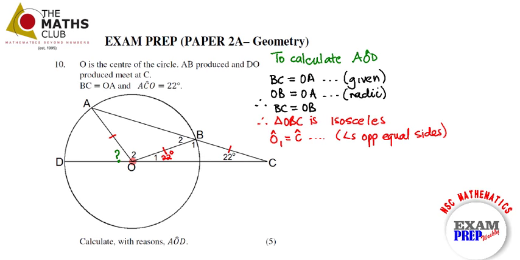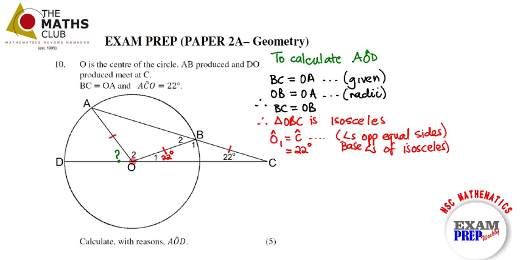You could also say base angles of isosceles, because we have said that OBC is an isosceles triangle. So we've got this. Now, what does it mean? It actually means that O1 is equal to 22 degrees. You can see these are the necessary steps for me to get marks. The diagram, I've already indicated this, but I then have to narrate it with the statements as well as the reasons that are correct for those statements.